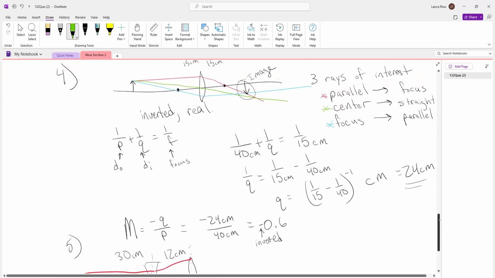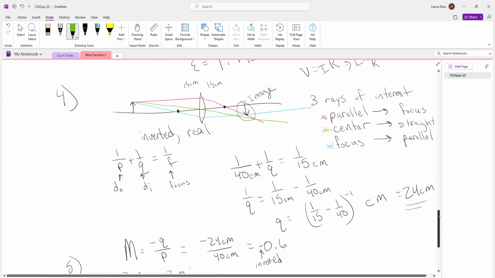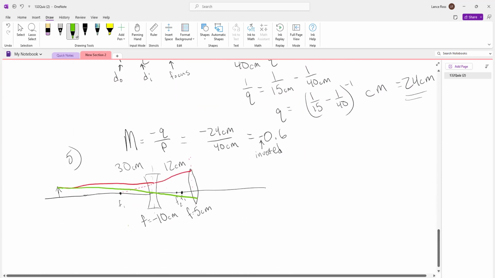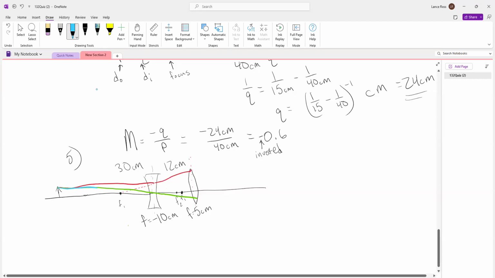What was my green? Straight through the center, here to here. And then I use light blue for the other, in through the focus.